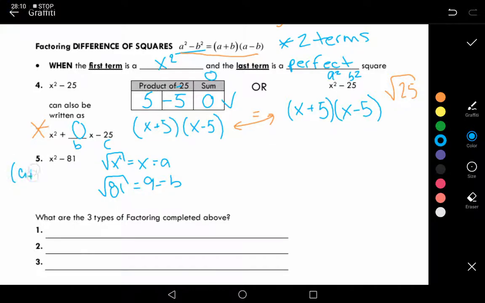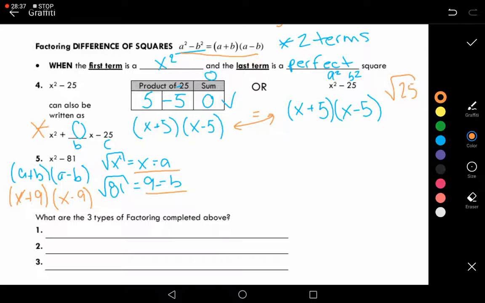And again, that formula is a plus b times a minus b. So I fill it in with my values for a and b, and I get x plus 9 and x minus 9. All we have to do is take the square root of both those terms, and that makes it very easy for us.